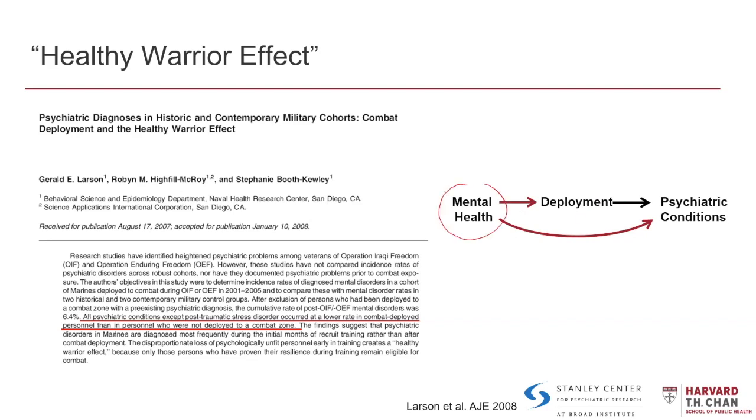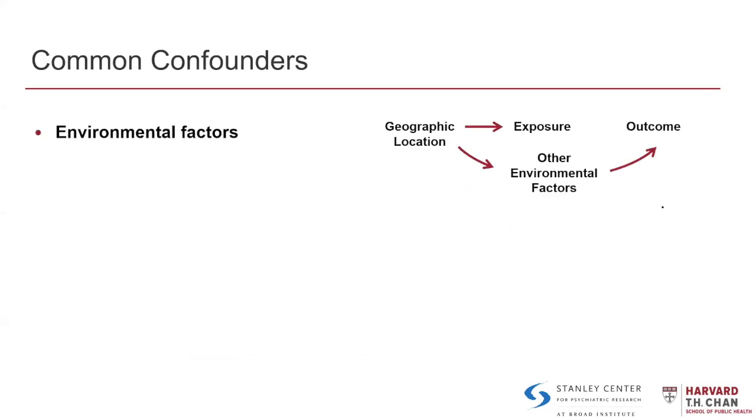Because of that, deployment might be related with fewer psychiatric conditions. In this study published in 2008, the investigators reported that all psychiatric conditions except for PTSD occurred at a lower rate in combat deployed personnel than in those who were not deployed to a combat zone. So this is a type of bias that you oftentimes see in those types of studies.